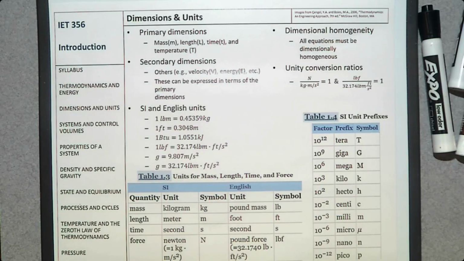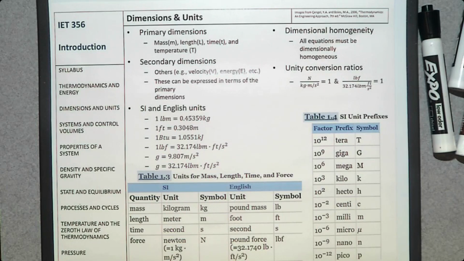So velocity becomes 2, distance over time. What about acceleration? Distance over time squared. So those that you can divide into different dimensions are called secondary dimensions. Those you cannot divide are primary dimensions.